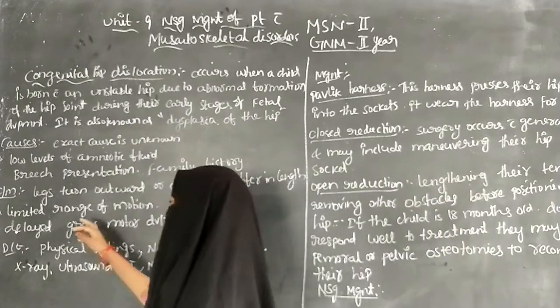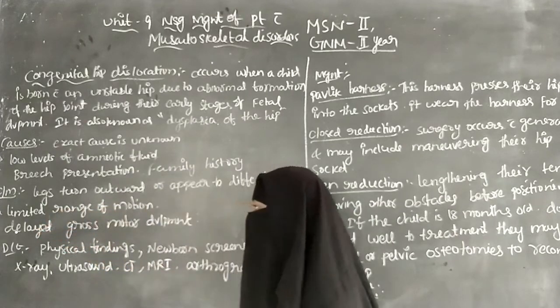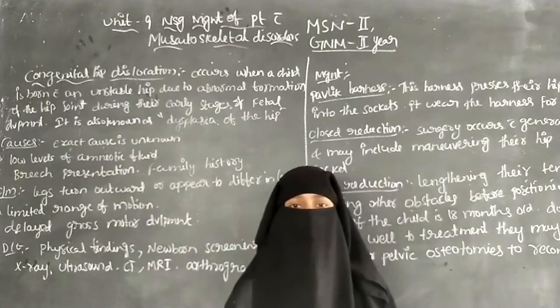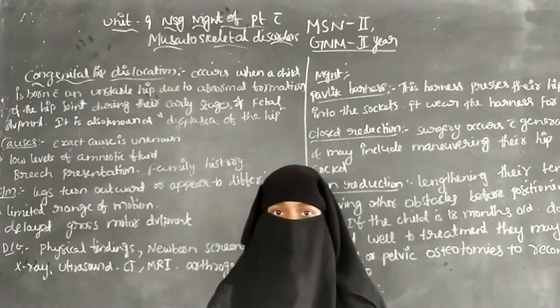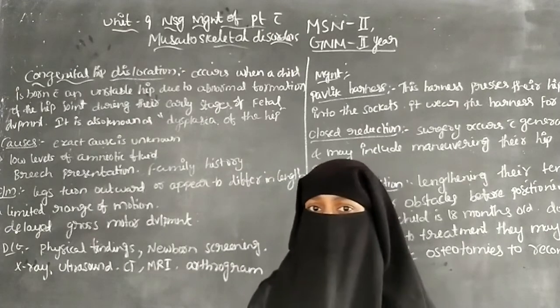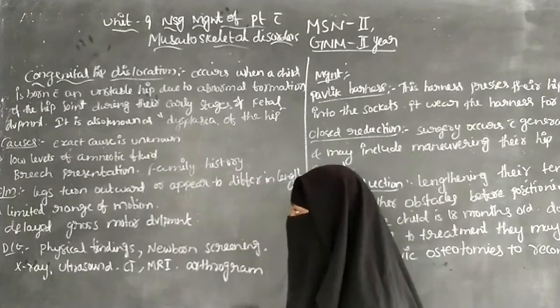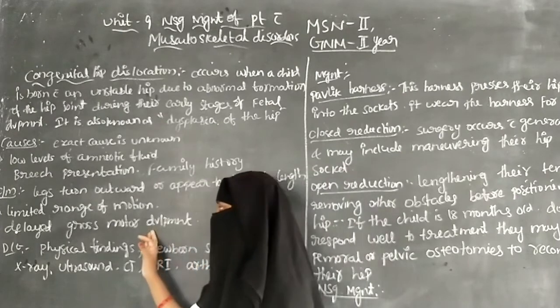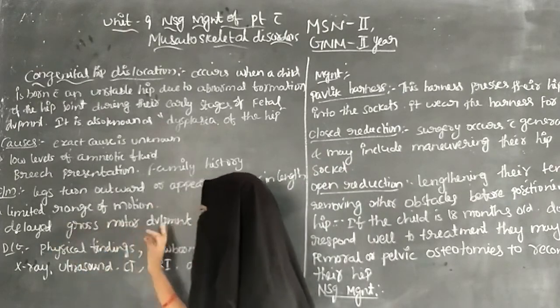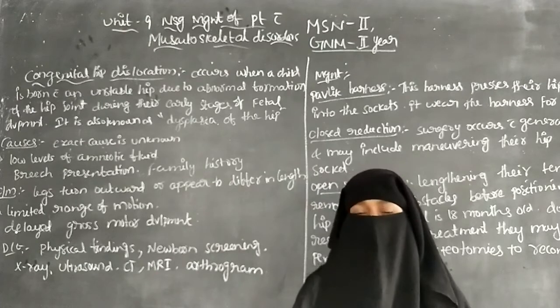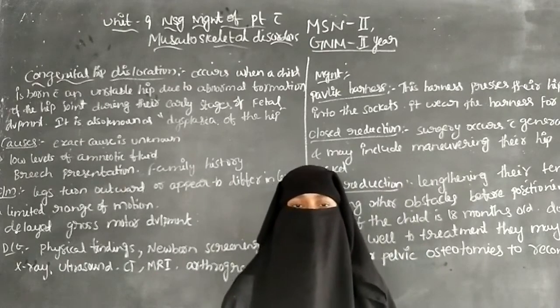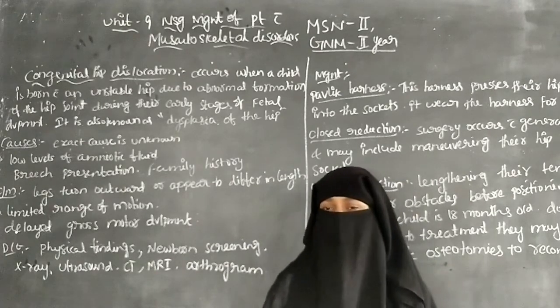The next one is limited range of motion. Because of the hip dislocation, there is limited movement in the hip joint. The next one is delayed gross motor development. Gross motor development includes sitting, walking and crawling.